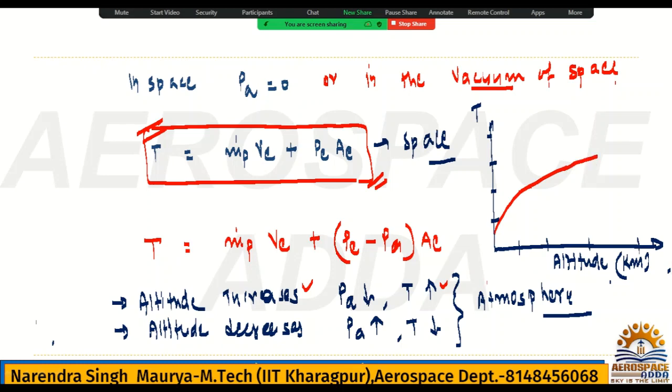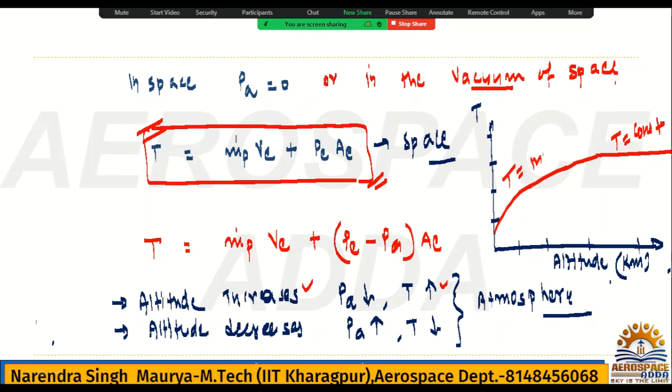But at some altitude, PA becomes zero. Space you will achieve. Once PA becomes 0, then thrust will be constant, like this. So here the thrust is constant.